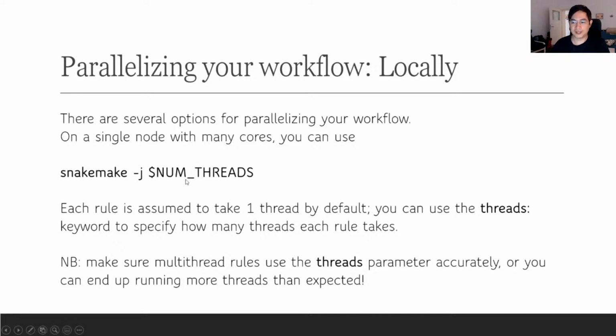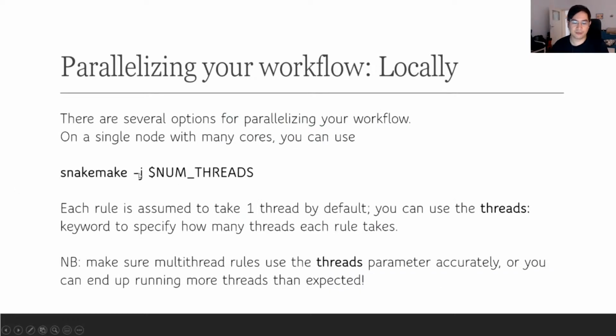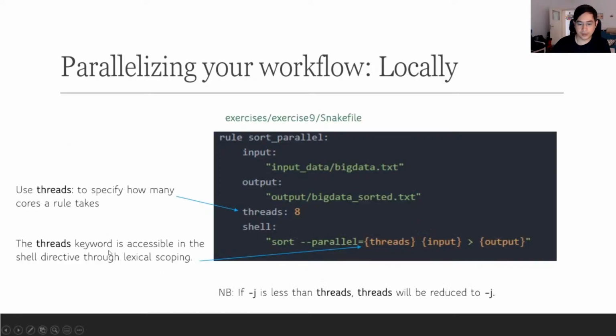So for example, let's say I have 3 samples that I want to sort, then I might want to use 24 cores if I have them available, using this -j command. And if -j is less than threads, then threads will be reduced to -j. So for example, if I forget to use -j, this will still run, but only with 1 thread.